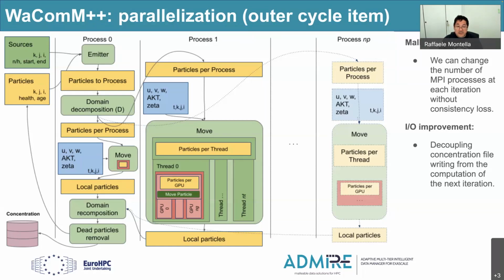Basically, the idea underlying the design and development of Wacom++ is having something really configurable, related to the actual resources that whoever is running Wacom++ has, because this kind of model can operationally be used even by not very well equipped institutions to deal with, track, and manage accidental pollution spills, for example oil spills or something like this.